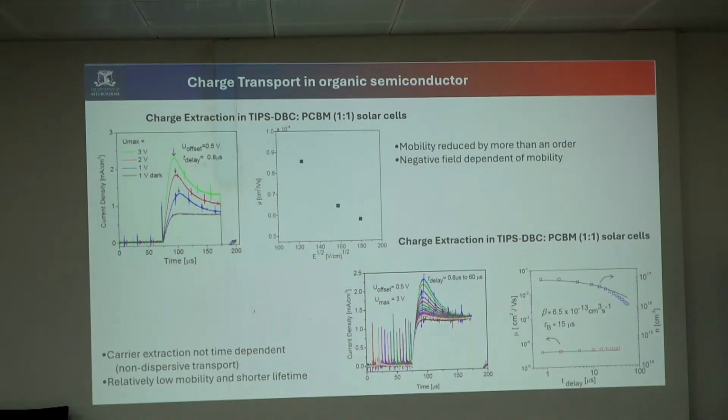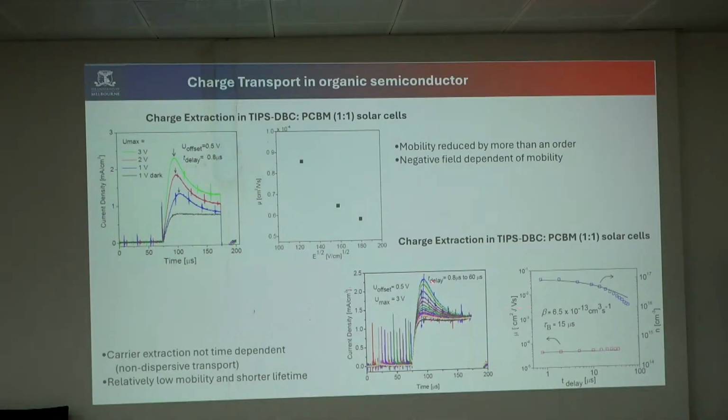That's why if you increase the time delay, if you have more time between the laser pulse, the charge generation and the charge extraction, we can't extract the charges. When you have a very short time delay, we get more charges.